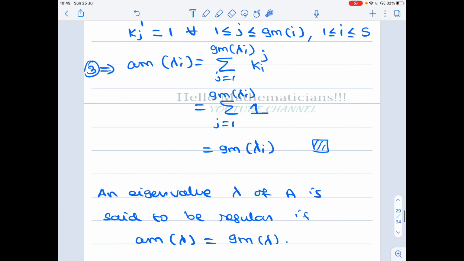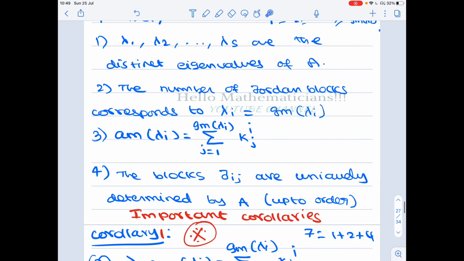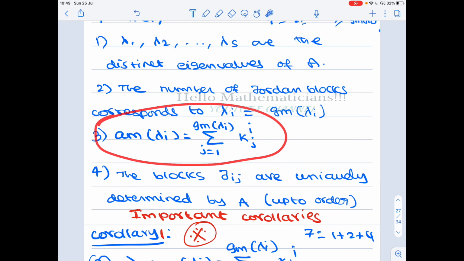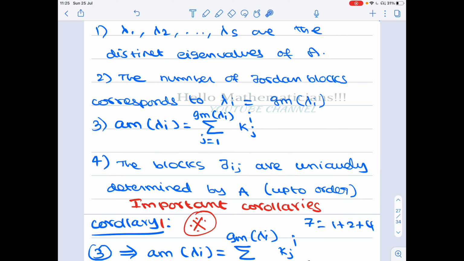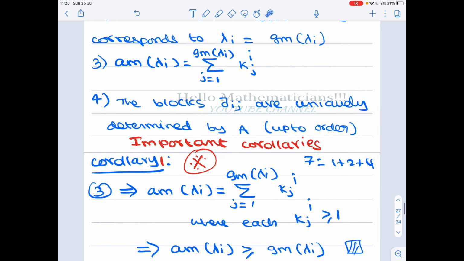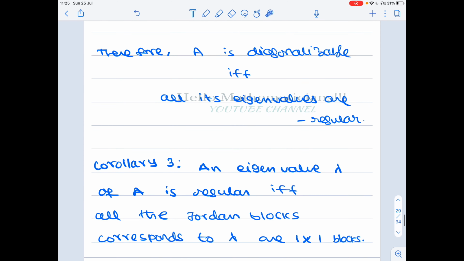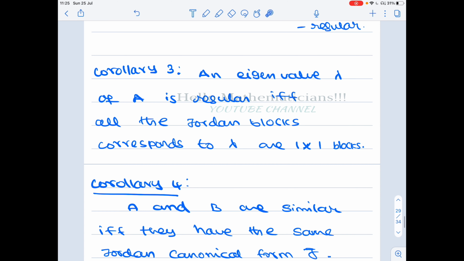Why? Because again this equation 3 is very important. Equation 3 implies that if the algebraic multiplicity equals the geometric multiplicity, then all these sizes of the blocks have to be 1. Okay, so we get this corollary 3.